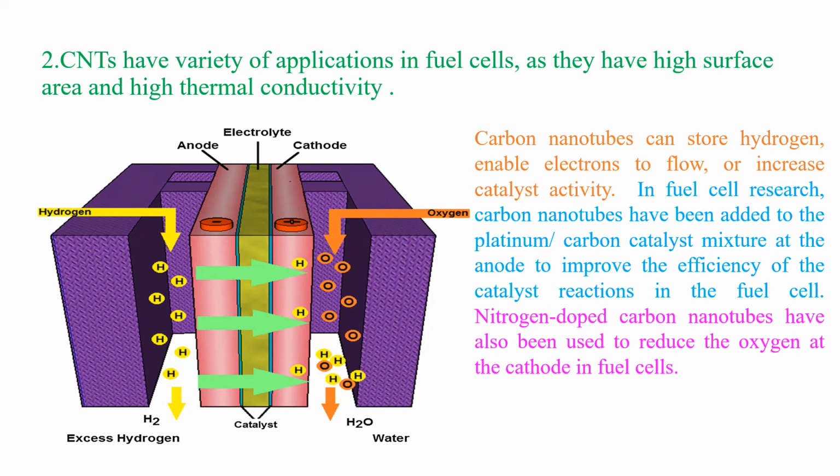So in fuel cells, carbon nanotubes are used at the anode as well as the cathode for different purposes. One purpose is to increase catalyst activity, and the other is to reduce the oxygen at the cathode in the fuel cell, which is not desirable. So we'll discuss more about fuel cells in another video, but as of now, in this lecture, we've confined only to applications.